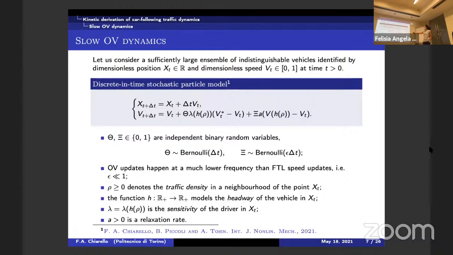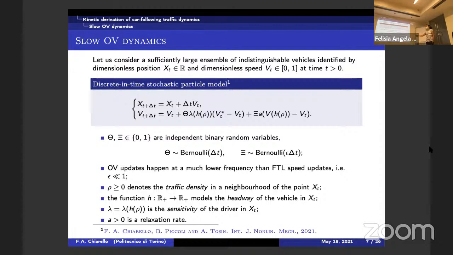So follow the leader interactions are more frequent with respect to optimal velocity interactions. So in this setting, the probability of follow the leader interactions is proportional to delta t, and the probability of optimal velocity interactions is proportional to epsilon delta t.